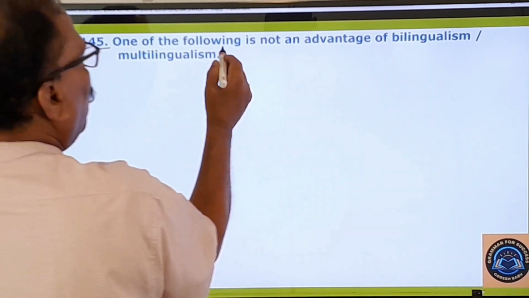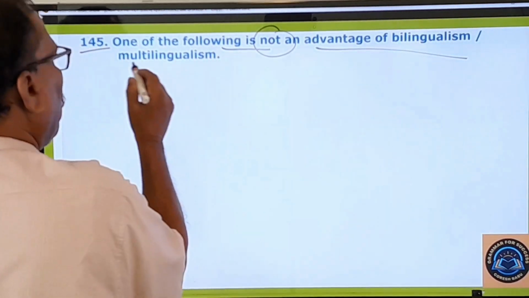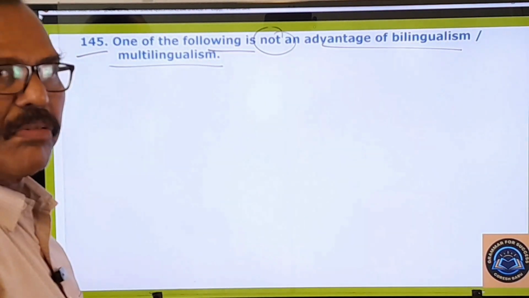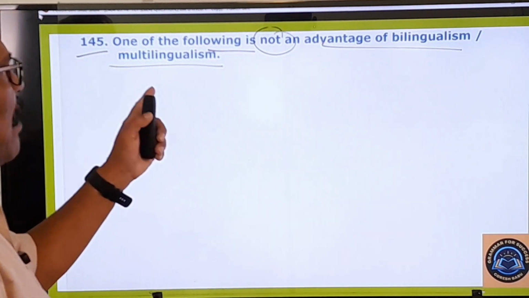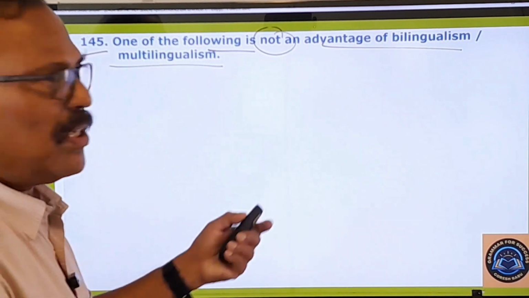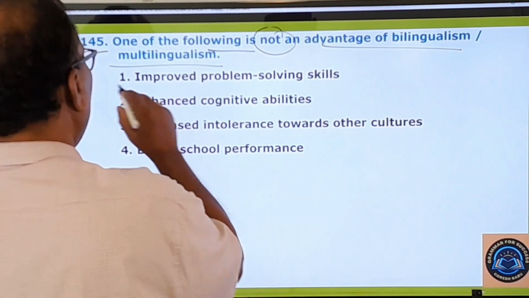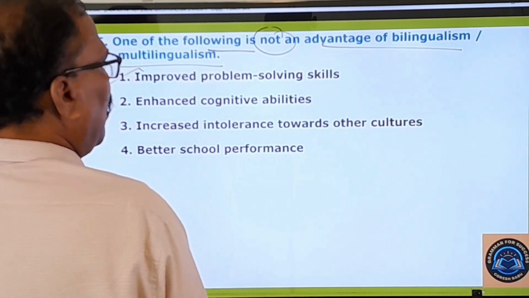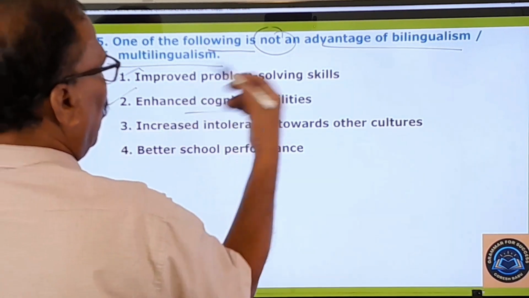145th question. One of the following is not an advantage of bilingualism or multilingualism. You observe the options given and you find the option that is not an advantage. So here you pay attention. Improved problem solving skills, this is an advantage of bilingualism. Enhanced cognitive abilities, this is also an advantage.